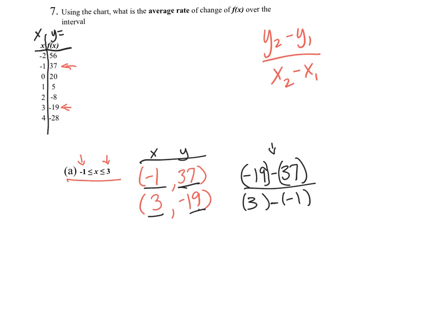Okay, so -19 minus 37 will give us -56. And then 3 minus a -1, so minus a negative would be positive. So really that's 3 plus 1. So 3 plus 1 is 4. So -56 over 4.